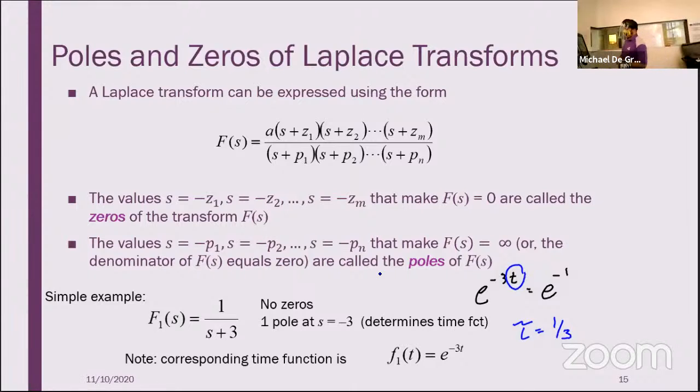Well, in general, the time constant is always the amount of time it takes to get e to the -1. Another way of thinking about this: we know our root is -3, and if you take the inverse of the absolute value of your root, that's the time constant.